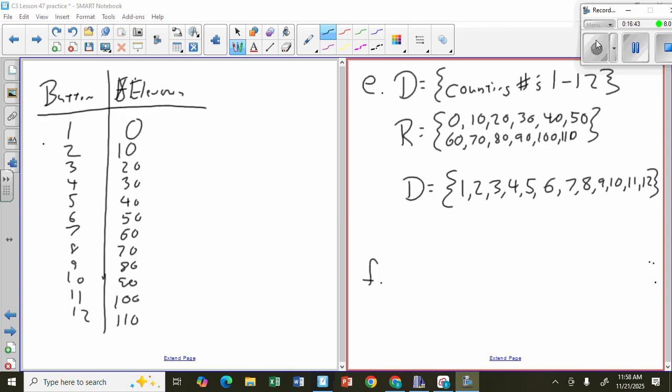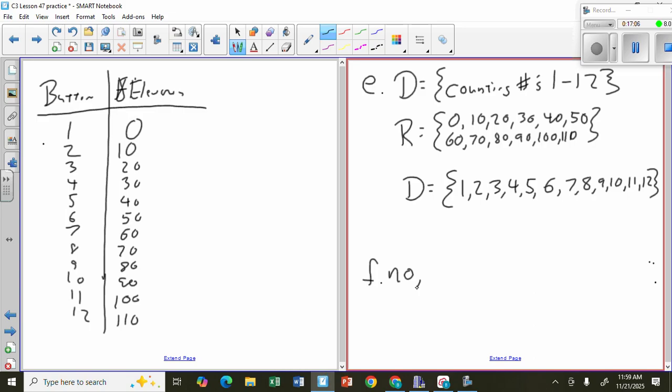The last question says, is the relationship described in problem D proportional? Why or why not? Is it proportional? I got yeses and I got no's. So let's go with the answer is no, and let's prove why.